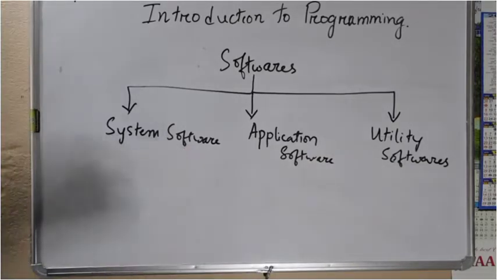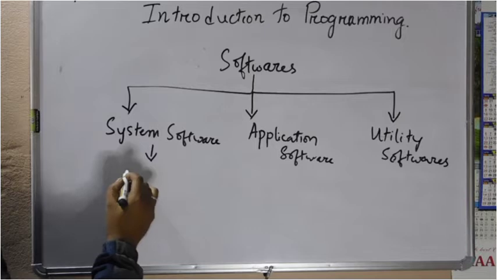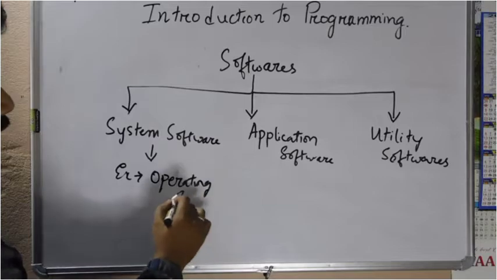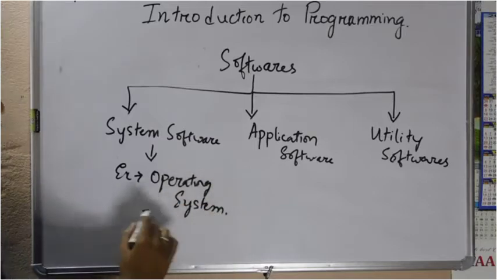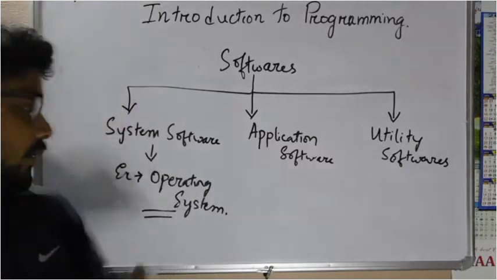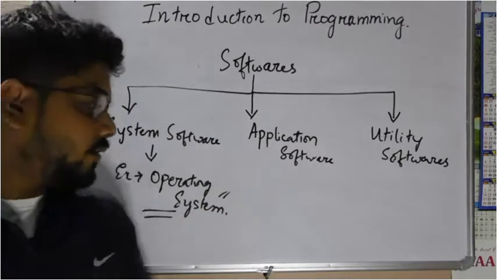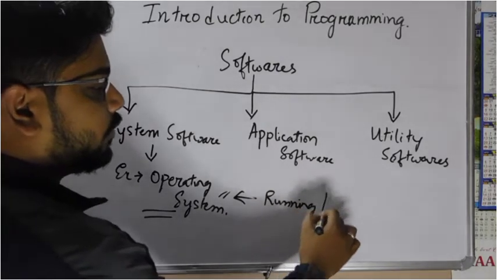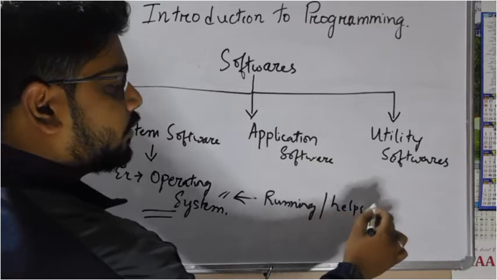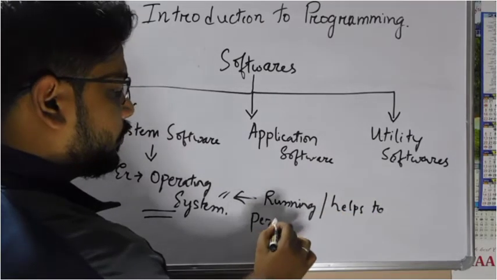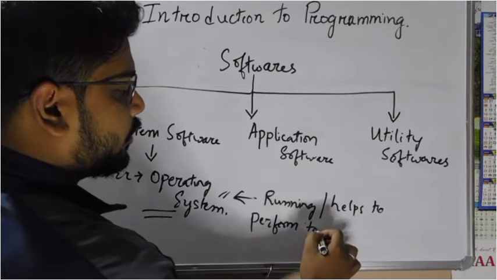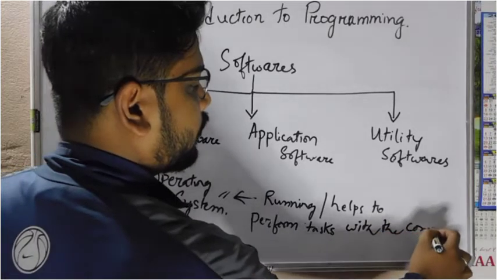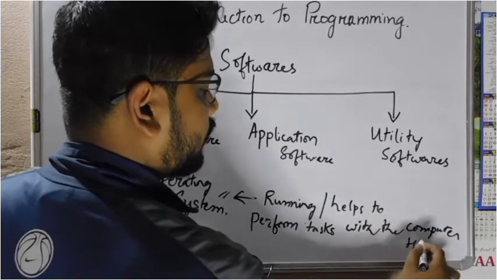The first is system software. What is system software? For example, you have the operating system. What is an operating system? Basically, it is a system which is responsible for running, or helps with, the computer's hardware.